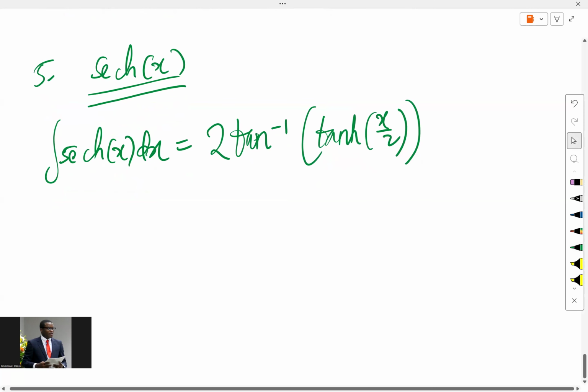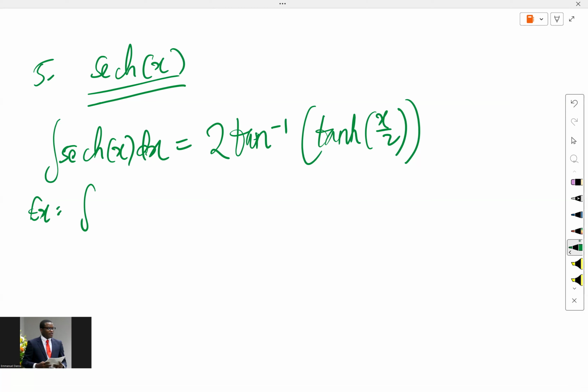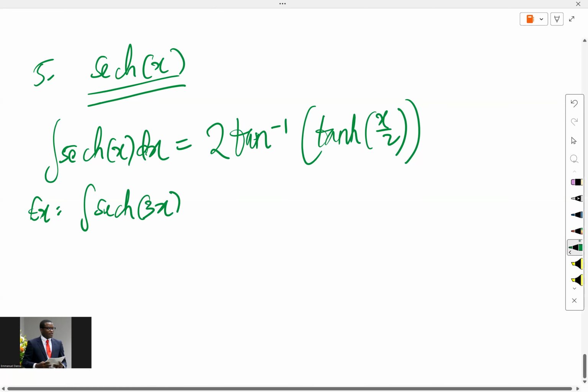Okay, so you have an example. I'm talking about number 5, right? So if you have the integral of sec 3x dx, that is equal to 2. There's this 2 here before, and this 3 comes under, that's 2 over 3.